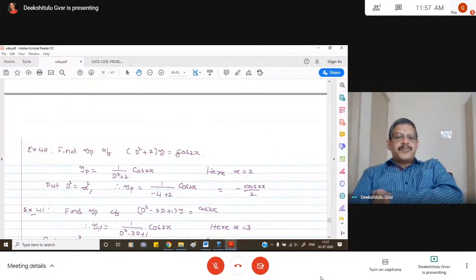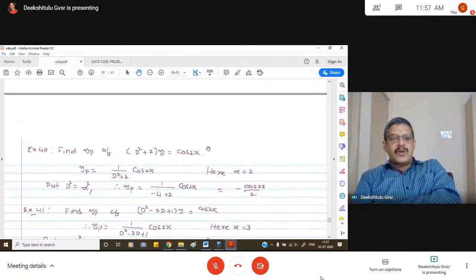Find yp of (D square plus 2) y is equal to cos 2x. So as usual, yp is 1 by f of D cos 2x, or consider this as phi of D square. Anyhow, only the D square term is there. And what is alpha here? Alpha is 2, cos alpha x, alpha is 2 here.